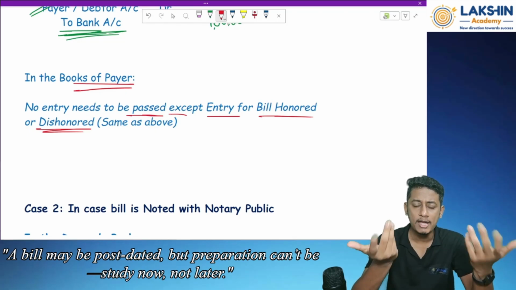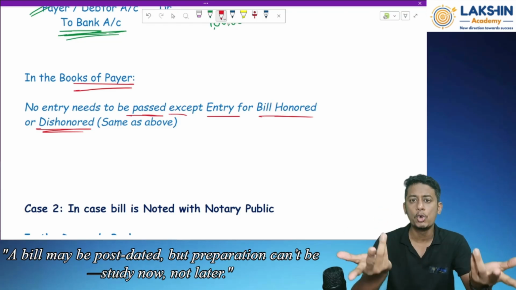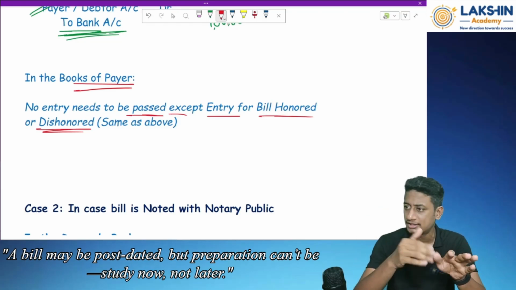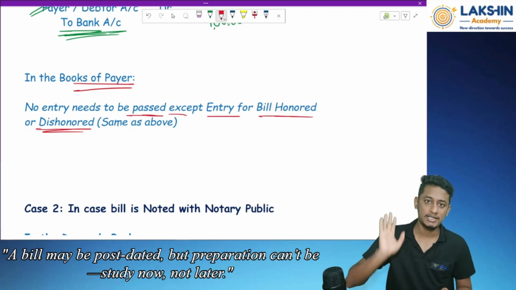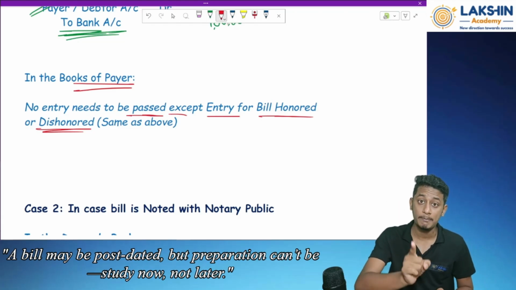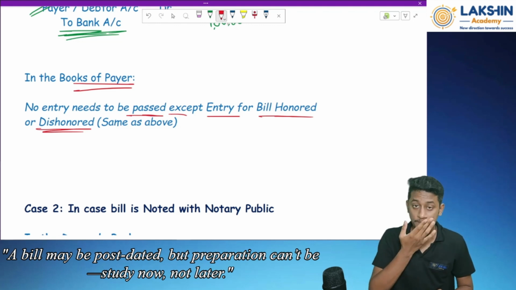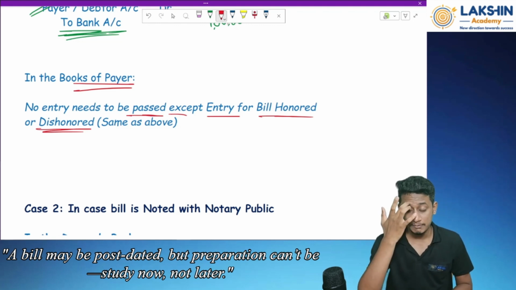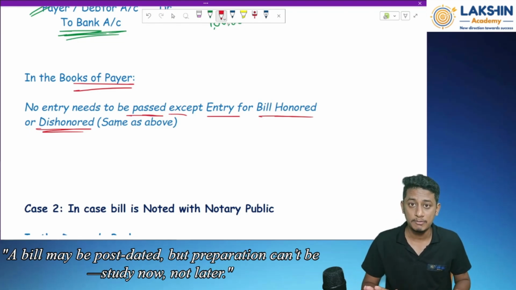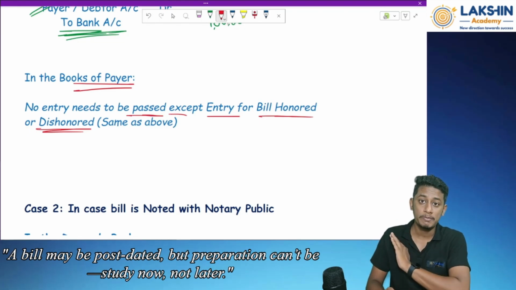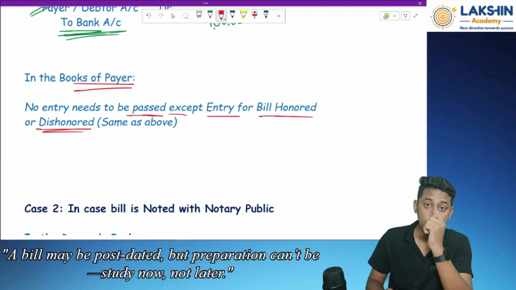No. Why? Because he is supposed to make the payment. To whomever he makes the payment, it's not an issue, either to Mr. A or to the bank. But at the end of the day, he has to make the payment against the bill of exchange issued. Clear? So whatever discounting transaction is done between Mr. A and the bank is not of concern to Mr. B. So Mr. B will not pass any entry in his books of accounts.